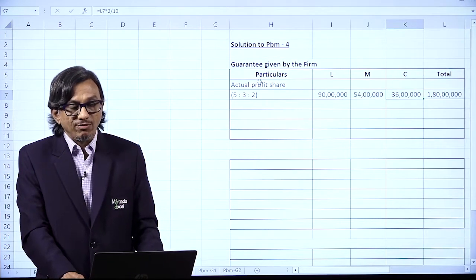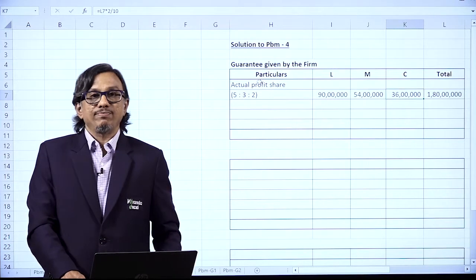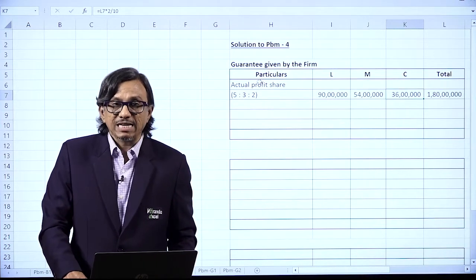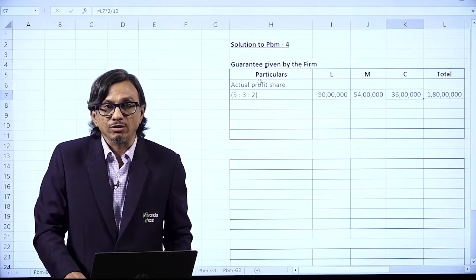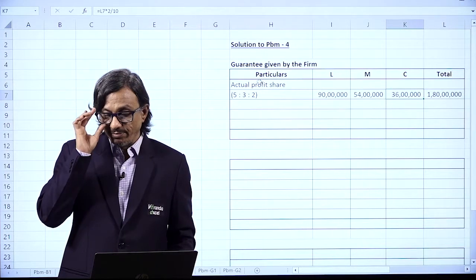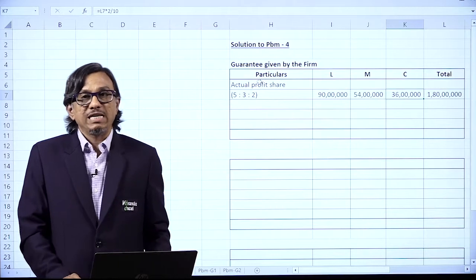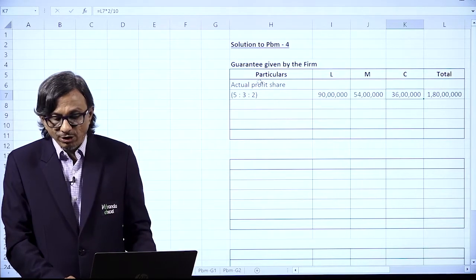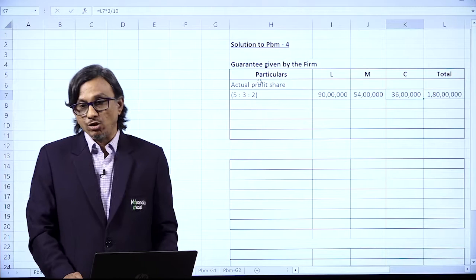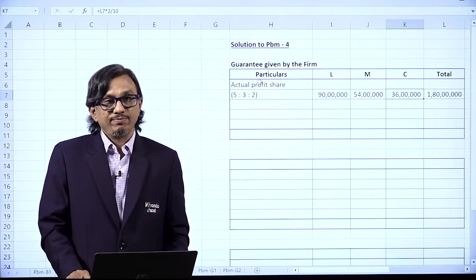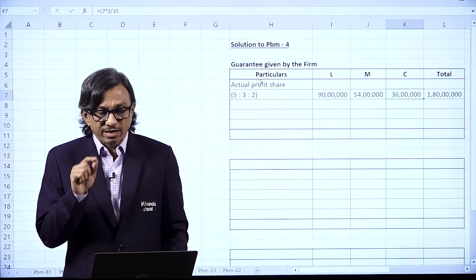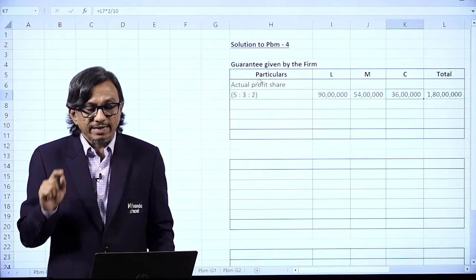So, based on the information given in the question, C's share actually comes to 36 lakhs only, but according to the problem, C is guaranteed a minimum profit of 50 lakhs. It should not be less than 50 lakhs. But the actual profit share comes to 36 only.